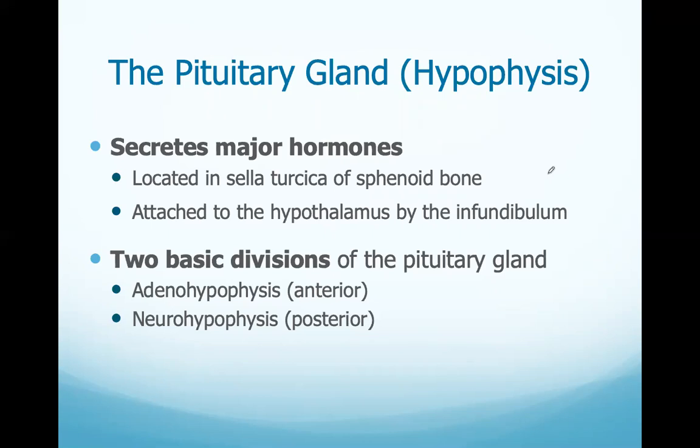Now, for the anterior pituitary gland, we use the word adenohypophysis, and for the posterior gland, we use the word neurohypophysis. Neuro in this case implies that they are technically part of the nervous system, and you'll hear why that is the case in just a minute.